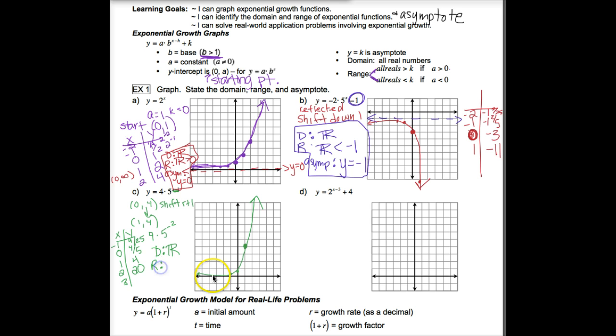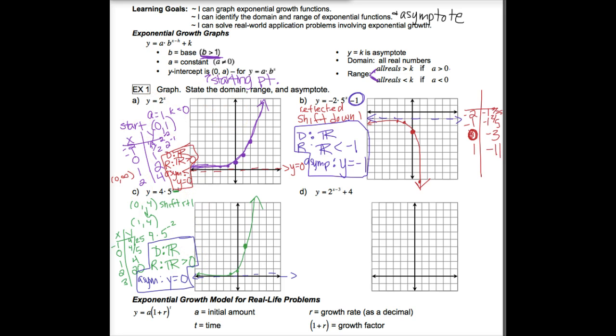My y's start at 0 and get bigger, but they do not include 0, so greater than 0. And then my asymptote, which I need to graph with a dashed line, my asymptote here is y equals 0. Or if you wrote x-axis, that would be fine as well.